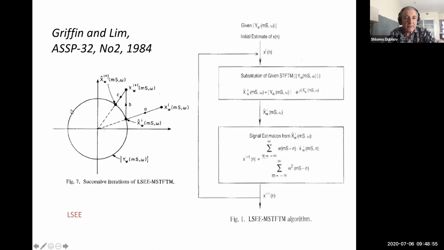For that omega, let's say this is the amplitude that we want because this is what was given to us. I remind you that we start with the given amplitudes at different frequencies. So for frequency omega, we know that the amplitude is this. It's not a unit circle, it's the value of that amplitude. But we don't know the phase. So all of these could be solutions for specific frames. So this is frame M and frequency omega.